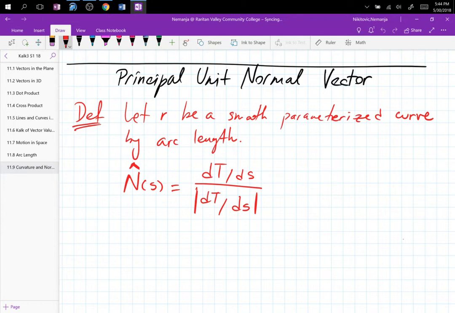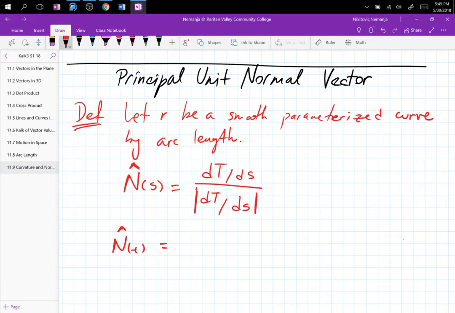Now we're going to use the same trick, divide by dt, divide by dt, and we get the formula which we are going to use to compute this: the derivative of the tangent vector divided by the magnitude of the derivative of the tangent vector. You can see that because as soon as you have ds/dt and ds/dt, they will cancel.